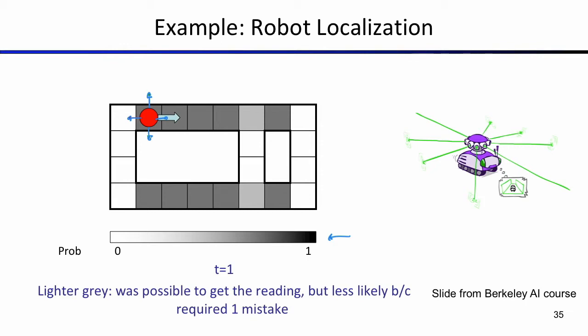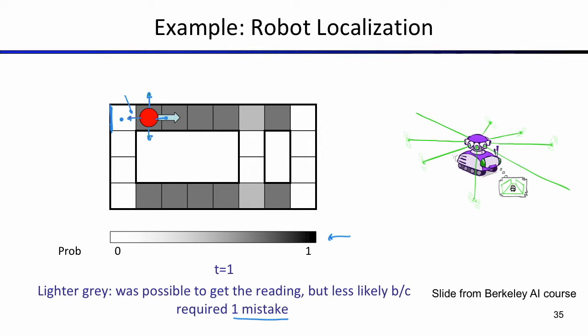Remember that for our sensors, we have the assumption that you make at most one mistake. So in order to be here in this position, state number 1, it would require 2 mistakes. One is about this sensor here. It's saying that there is no obstacle, but in this case there is this wall here.